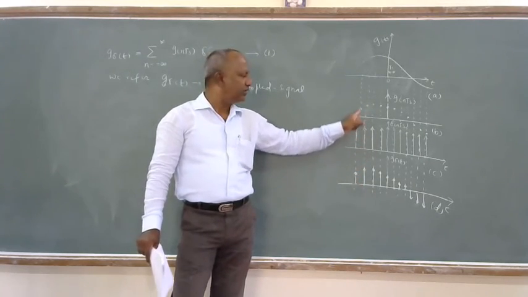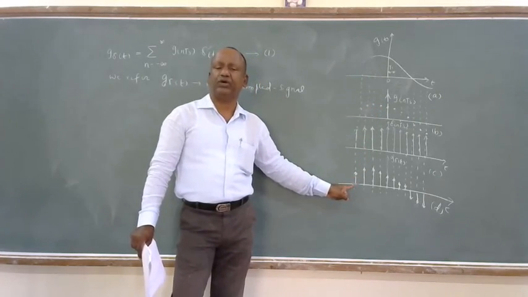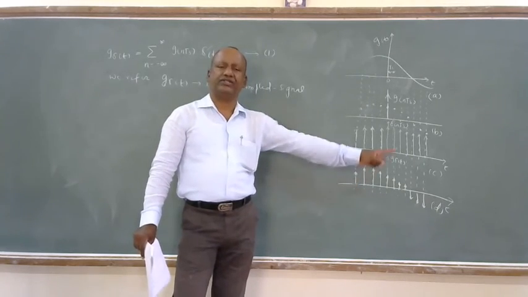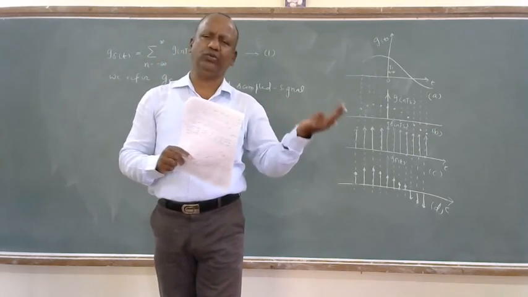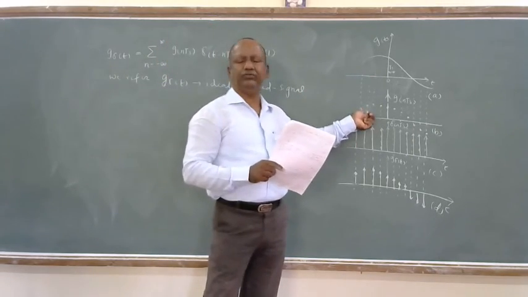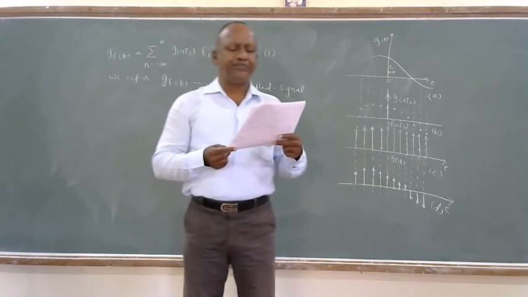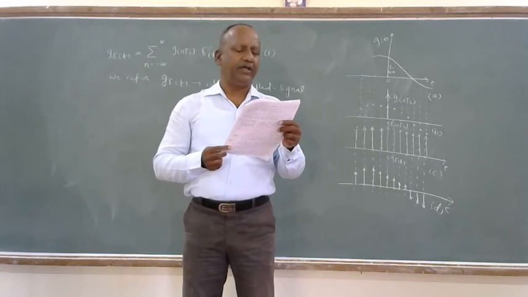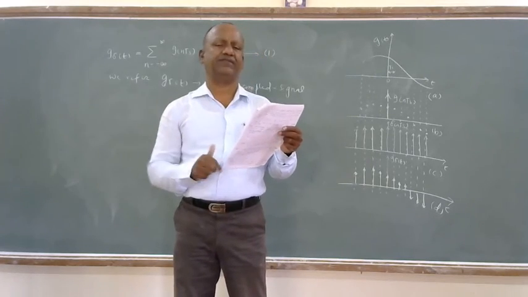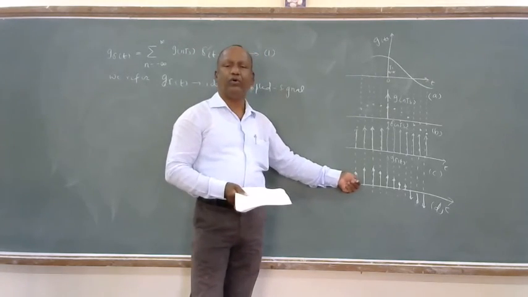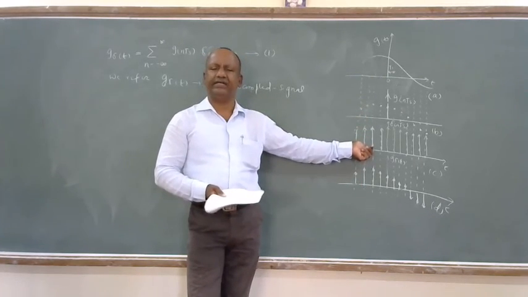So z of nTs decides the weight, amplitude or mass of each delta function, because basically the delta function is equal to 1, so 1 into that value is the value itself. It is not having any effect. Because of that, z of nTs is viewed as the mass assigned to the delta function. So this height is directly proportional to z of nTs. There is no role of delta of t.